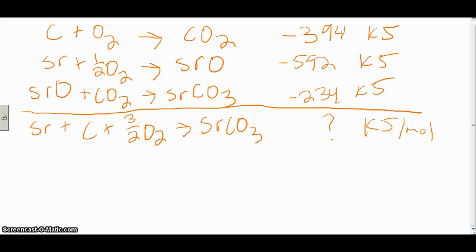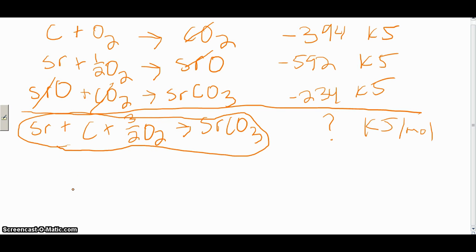So for this one, we cancel out CO2 from both sides because it's an intermediate, and the same for SrO. Then we can just add all of the reactions together, including the enthalpies, to get our overall reaction of Sr plus C plus 3/2 O2 yields SrCO3.